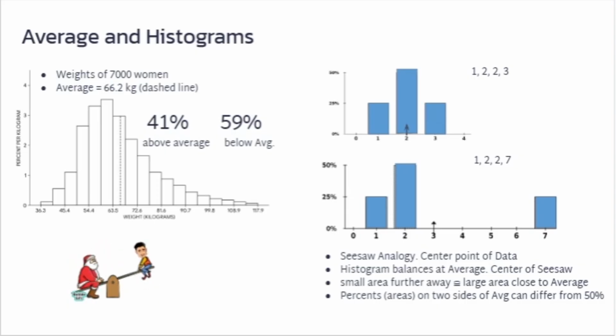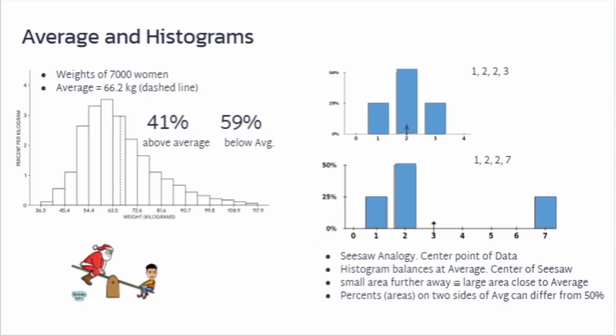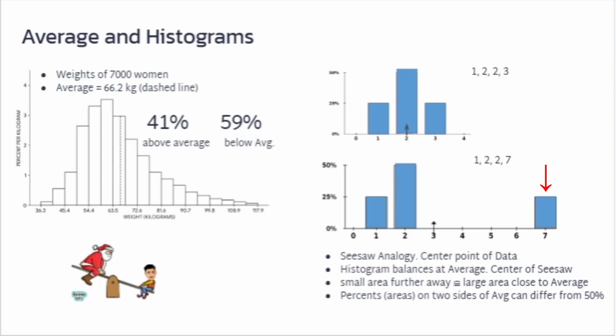If you imagine your histogram like a seesaw, and you center your seesaw at number 2, you can imagine that because the right sides of the blocks in your histogram are spread farther away, your histogram is not balanced. It will go down on the right side, because even though the weights are the same on both sides, on the right side they are falling farther away from your center point, and that's why your histogram is not balanced.